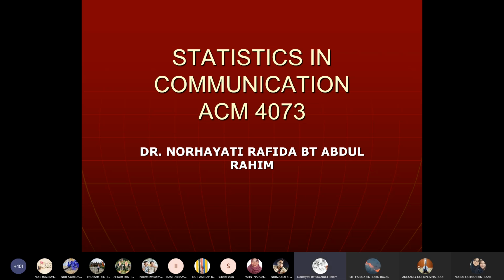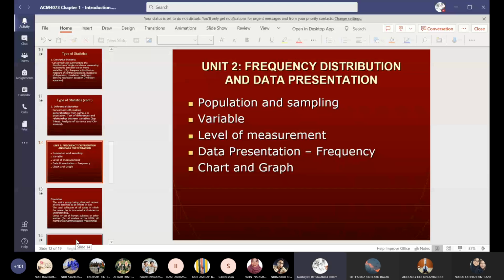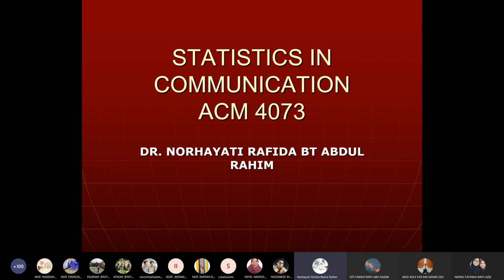And then you will have to present those measurements, level of measurement. MANCOVA is multivariate analysis of covariance, where you have more than two variances.